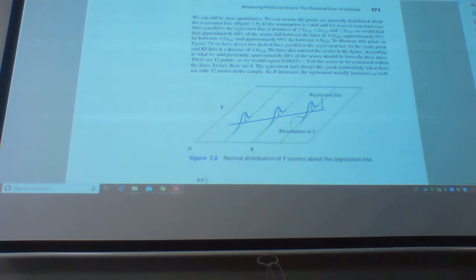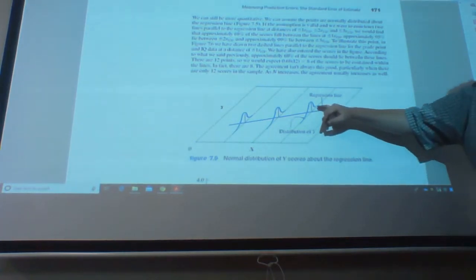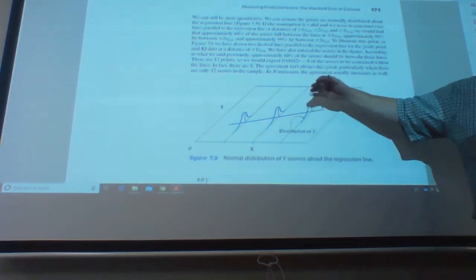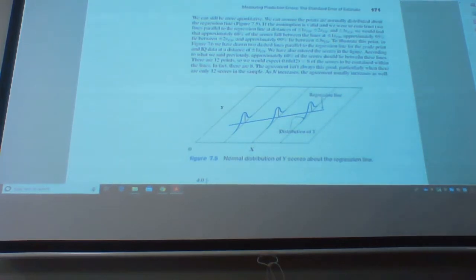And you can estimate how much the scores spread around the mean using what number? Spread around the mean is indicated by standard deviation. That's chapter 4 and chapter 5, z-scores. So what we really are asking is, what is the standard deviation, with how many z-scores above or below the mean of the prediction point?